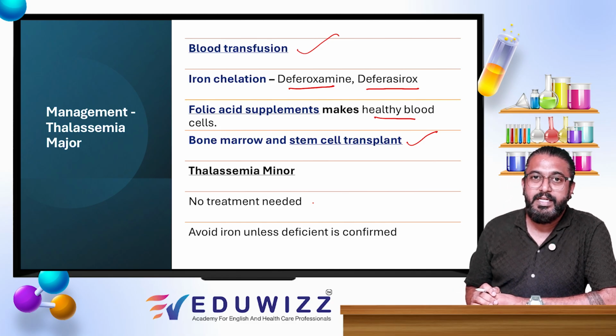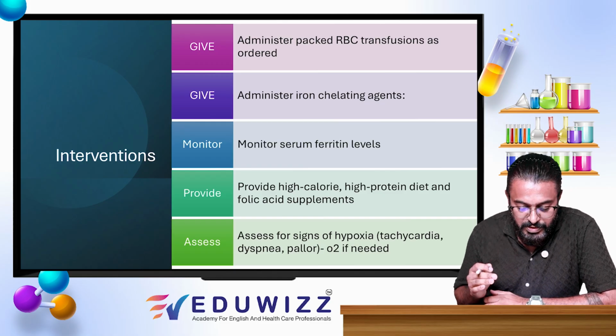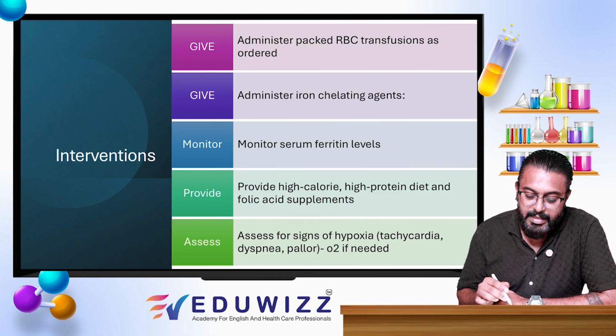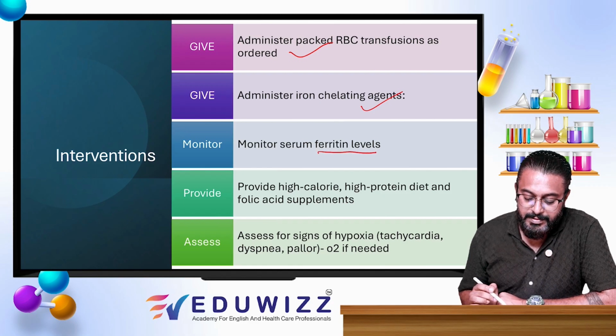So that's why a high calorie, high protein diet. Okay, so first interventions are administer packed RBC transfusion as ordered, iron chelating agents, monitor serum ferritin levels, high calorie, high protein diet with folic acid supplements.